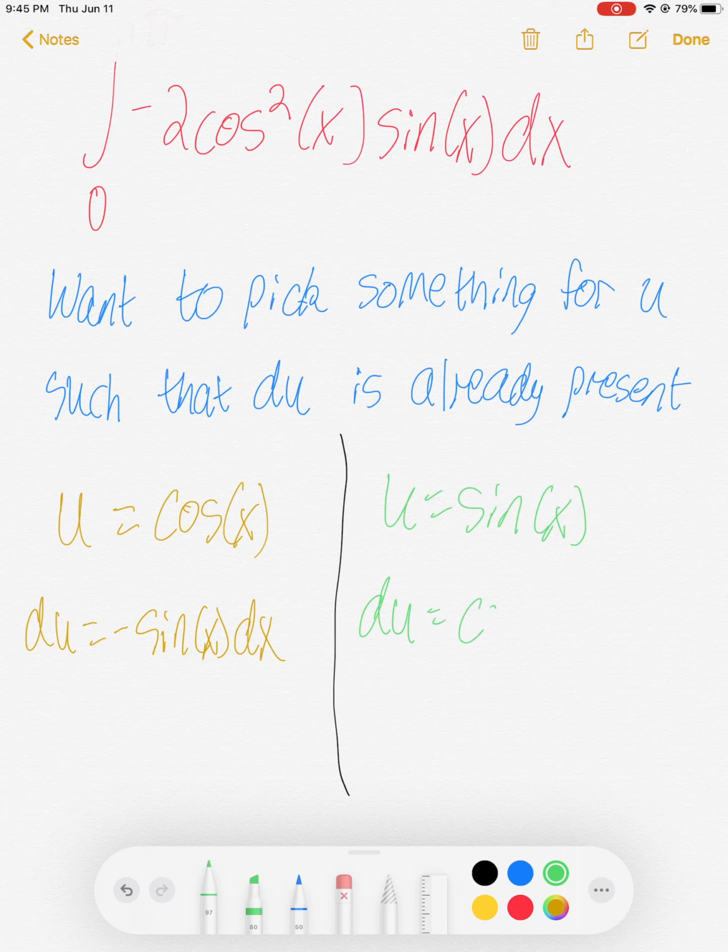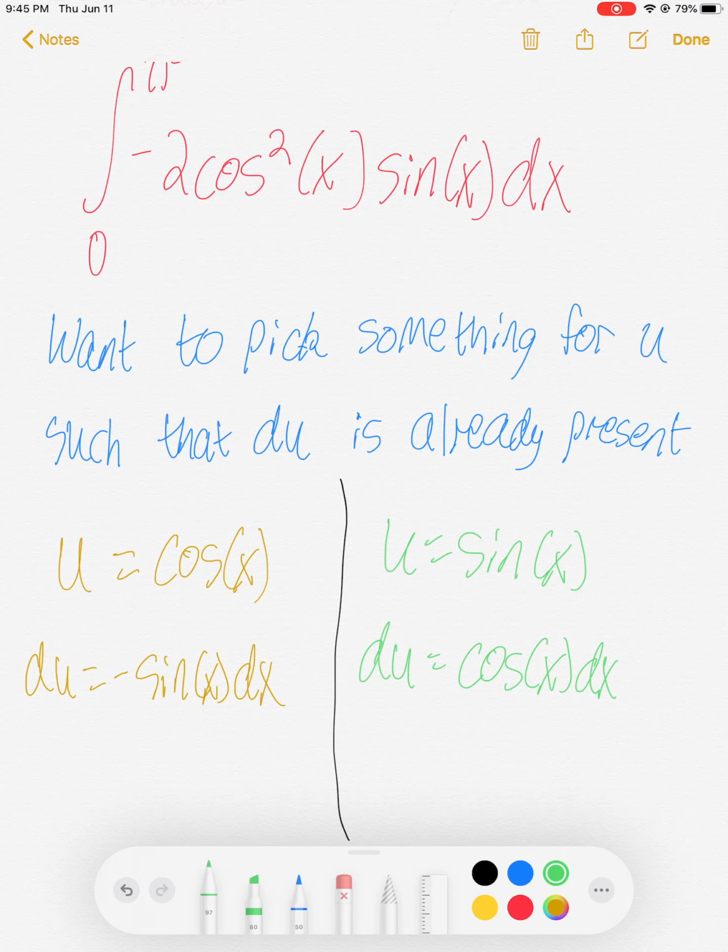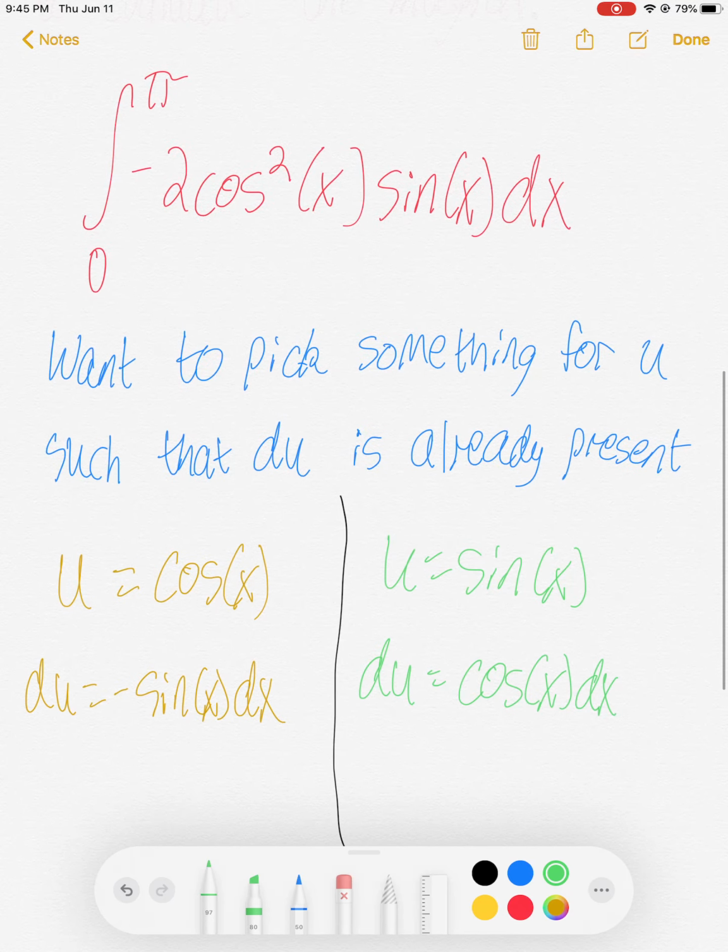In that case, du becomes negative sine of x dx. Alternatively, we could go with u equals sine of x, in which case du is cosine of x dx.